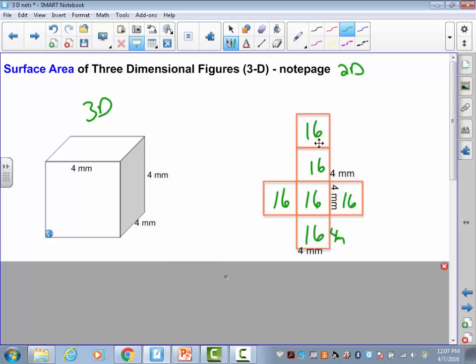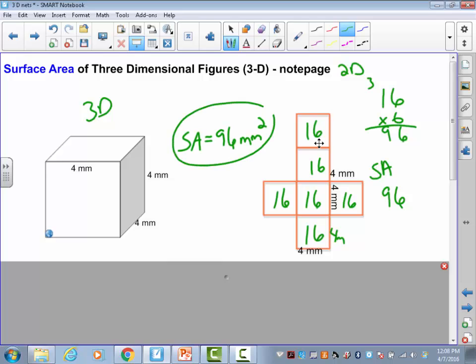Think of a die. You've unrolled the sides of a die. There's 6 of those. So 16 times 6. 6 and 6 is 36. Add them up, you get 96. I'm going to say surface area equals, let's put it over here where we can see it. Surface area equals 96 millimeters squared. It's still squared because we are, after all, talking about area.